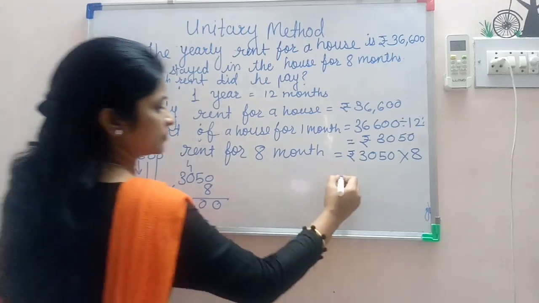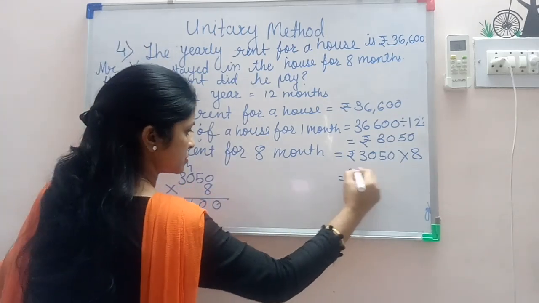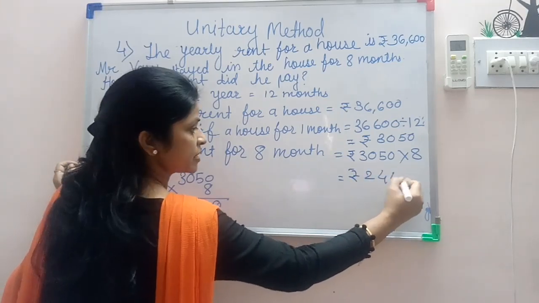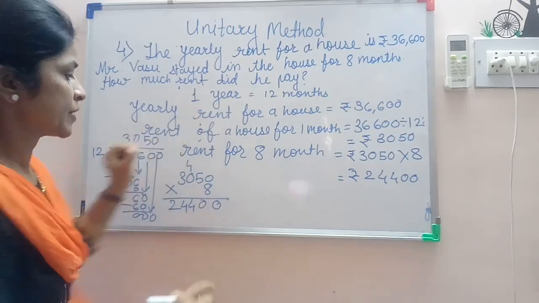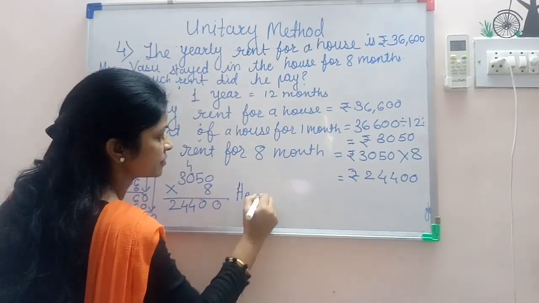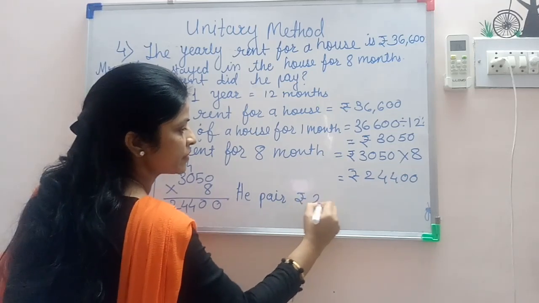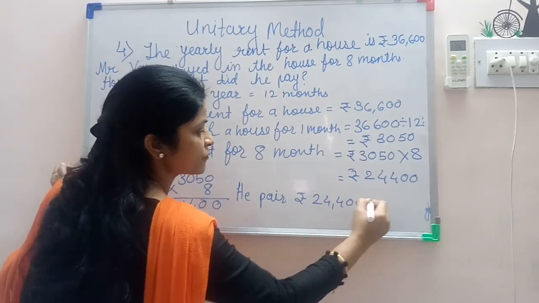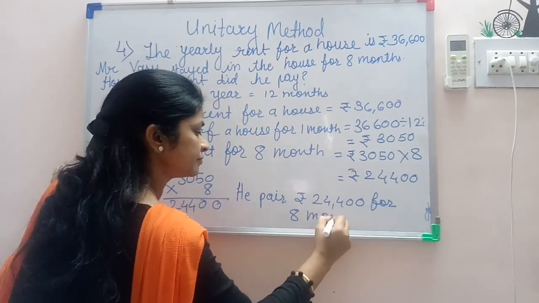So rupees 24,400. Now we have to write the final statement. How much rent did he pay? He paid rupees 24,400 for 8 months.